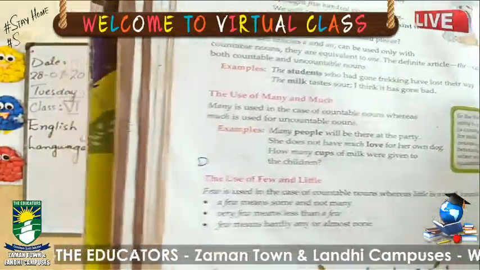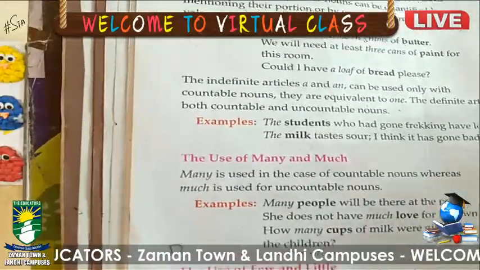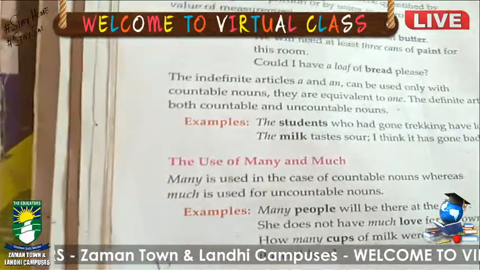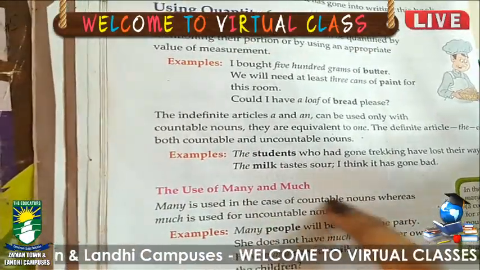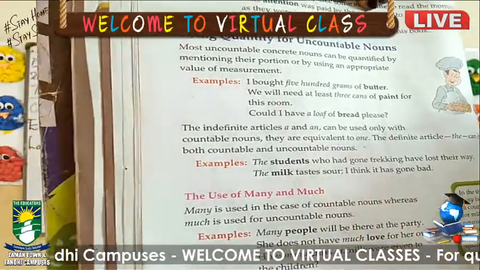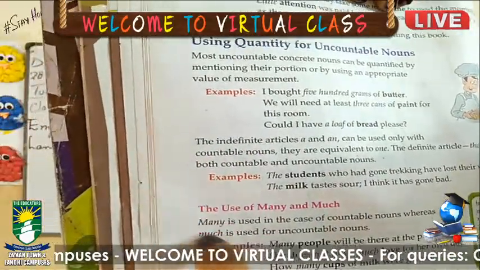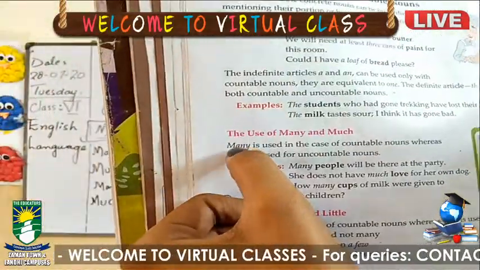Now let's come here. The use of many and much. Many is used in the case of countable nouns. As I was telling you that many, why we use many?